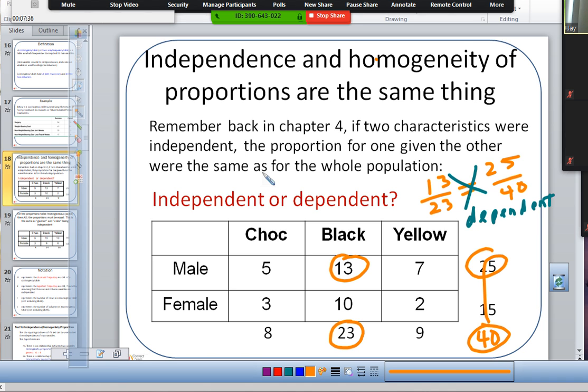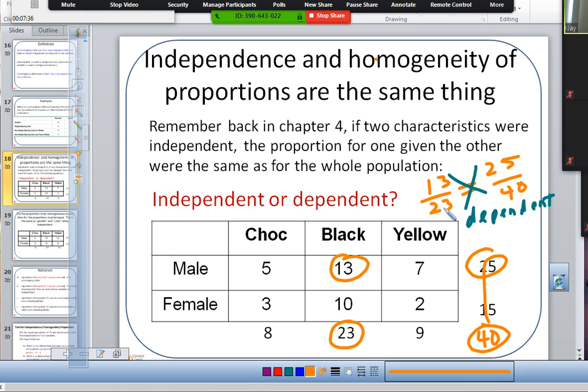So if you guys remember back to Chapter 4, which hopefully you remember because it's coming up on the final, if two characteristics are independent, then that means that the proportions are the same. So here we have our black labs and male labs. Are they independent? You take your black male labs, and your total of black labs and your total of male labs and your total, and then you make this ratio, 13 over 23 to 25 over 40, and you see if they're the same.